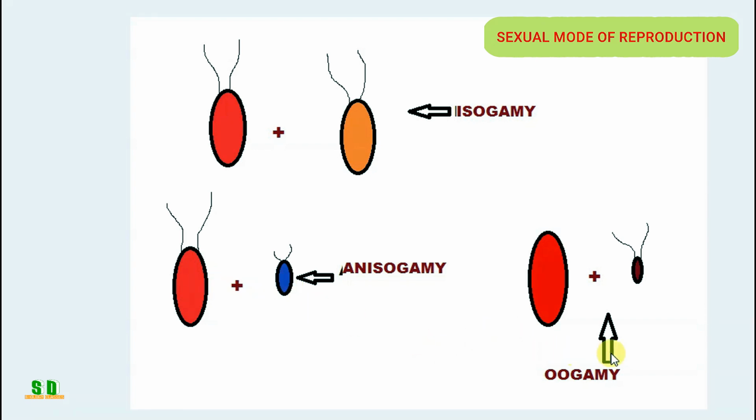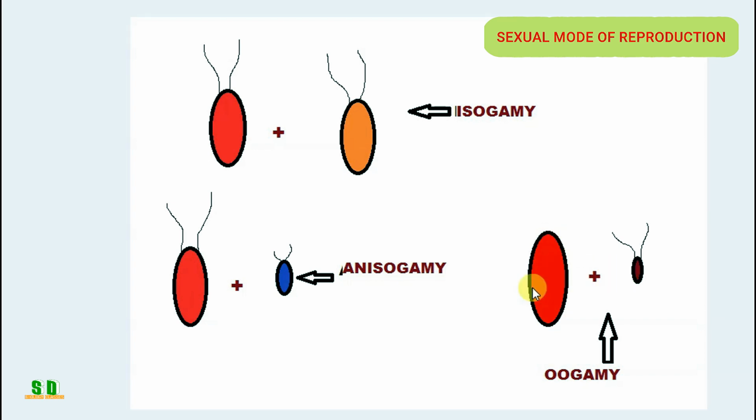Next one is oogamy or oogamous type of sexual reproduction. Here it is also another type of anisogamous sexual reproduction, where male gametes are comparatively smaller in size as well as flagellated, that means they are motile in nature, whereas the female gametes are larger in size, non-motile and non-flagellated.